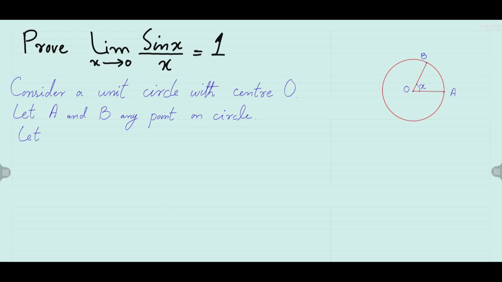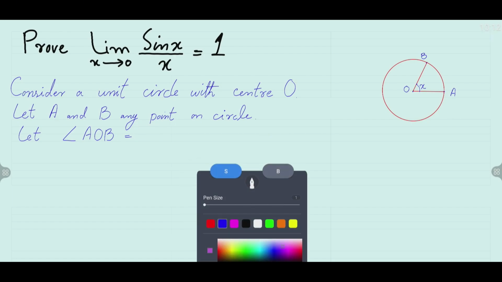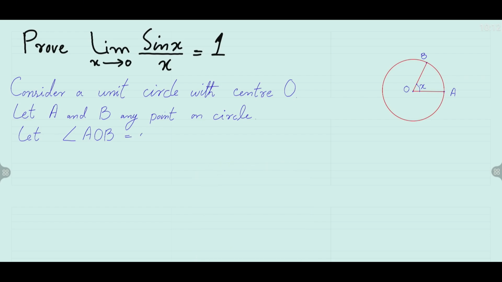So we write here, let angle AOB be equal to x radian, where this angle x radian lies between 0 and pi by 2.